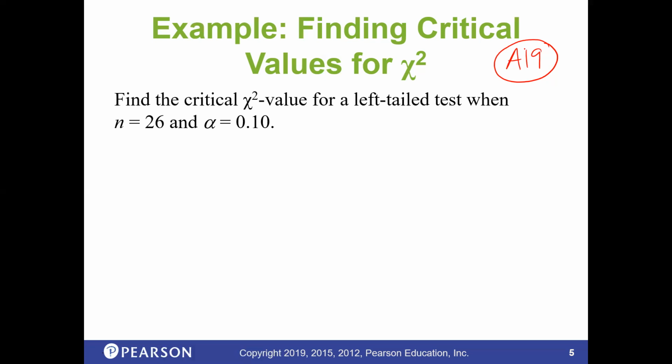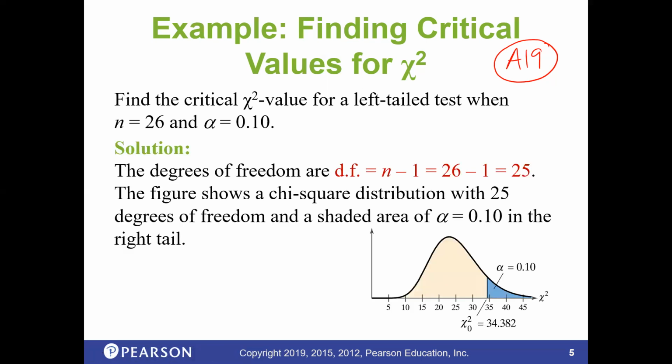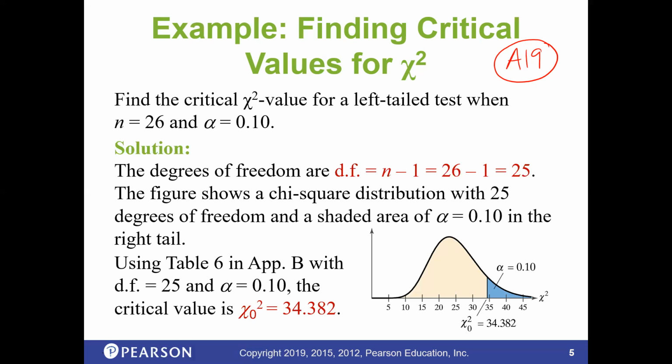So boom, look at this, degrees of freedom, very similar to the t-test here. So degrees of freedom would be 25. Go down to 25. It is a one-tailed test, a left-tailed test. So alpha stays at 0.10. And hopefully you found this little guy called 34.382.